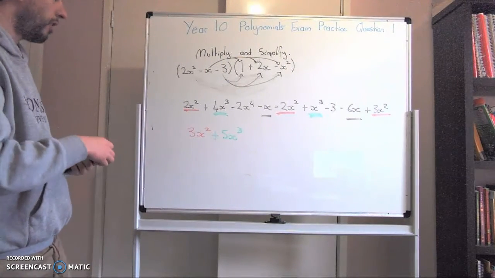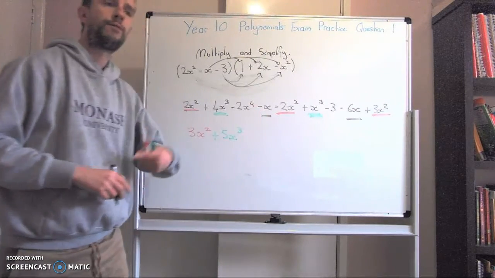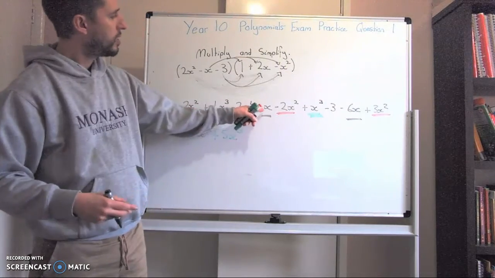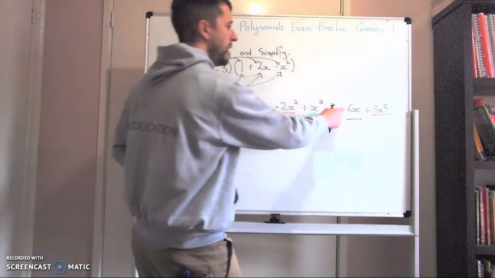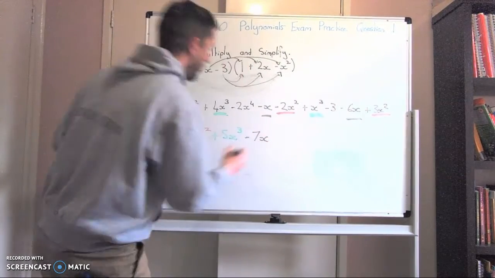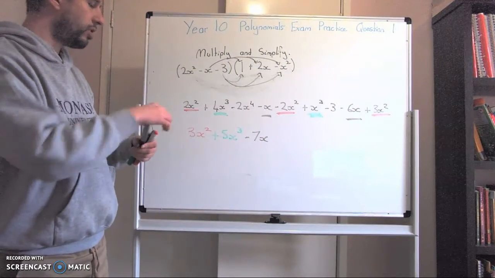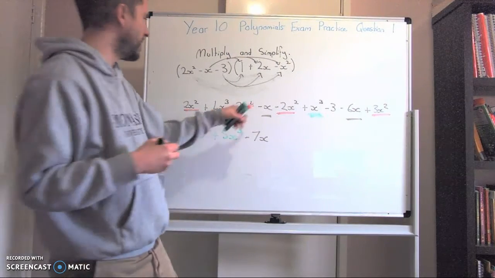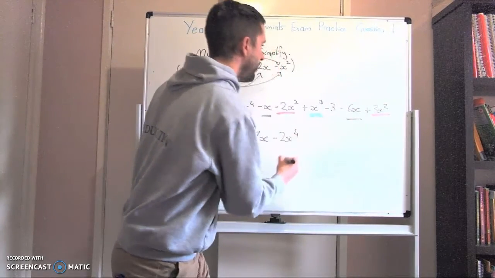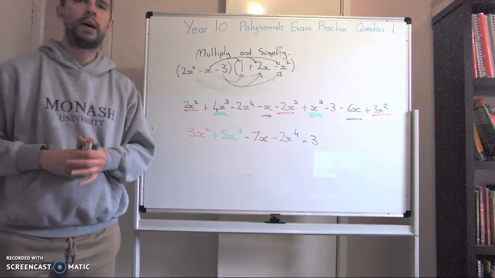Then I'm going to go over to my black underlined. When we've got a negative in front of an x, that means we have a coefficient of negative 1. So I have negative 1, take away 6, equals negative 7 groups of x. Now I need to do the final part, and that means looking at these two parts here. I've got negative 2x to the power of 4, and I am taking away 3. This is in the simplified form.